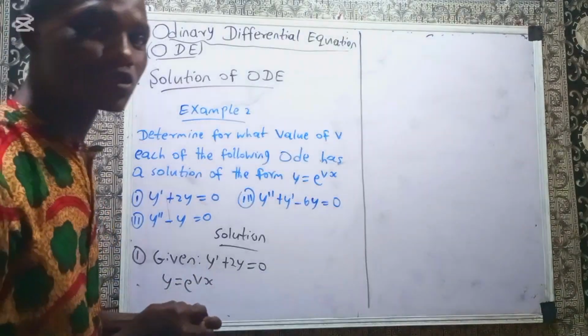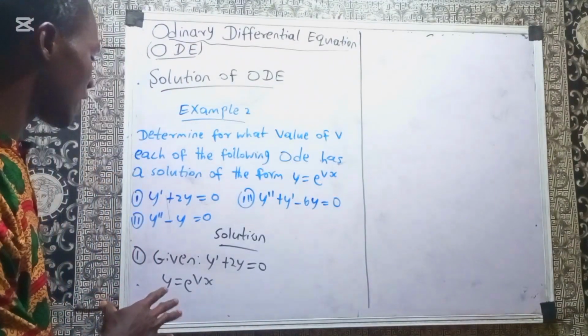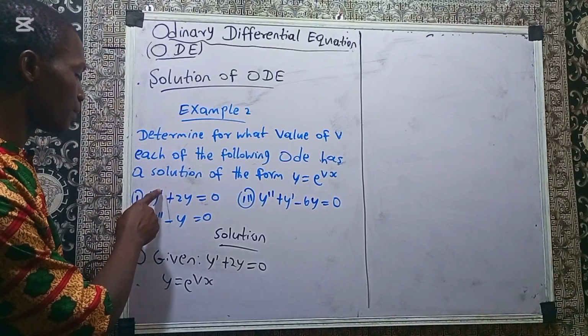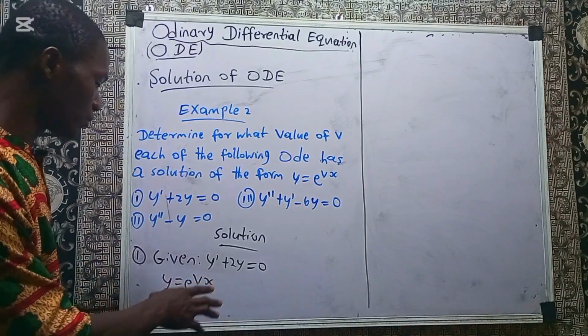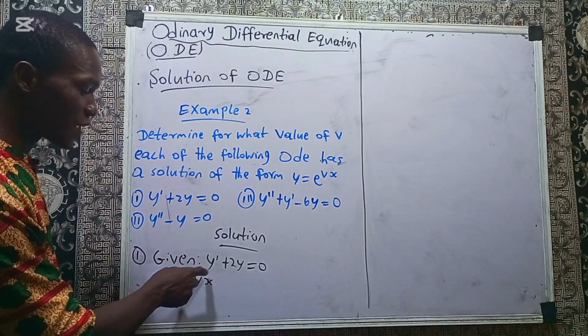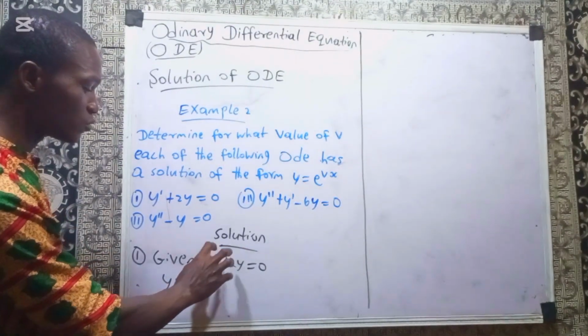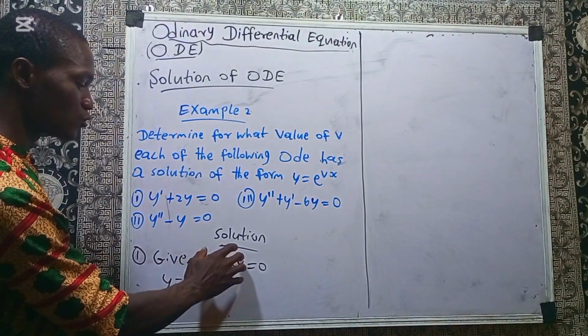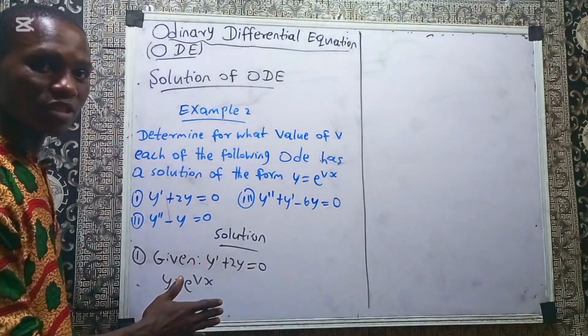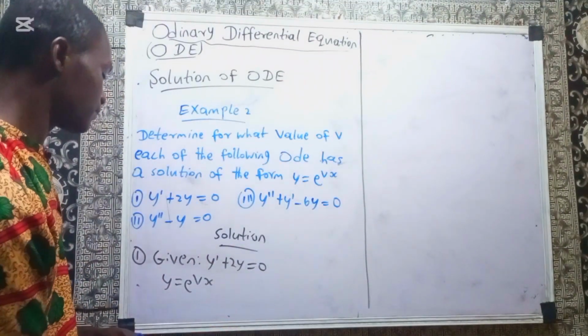I've written them down for the first question. Y prime plus 2y equals 0, and y is exponential vx, which you can put here, but we don't know our y prime, so we need to get our y prime so that we can substitute them here and now solve the equation, right?